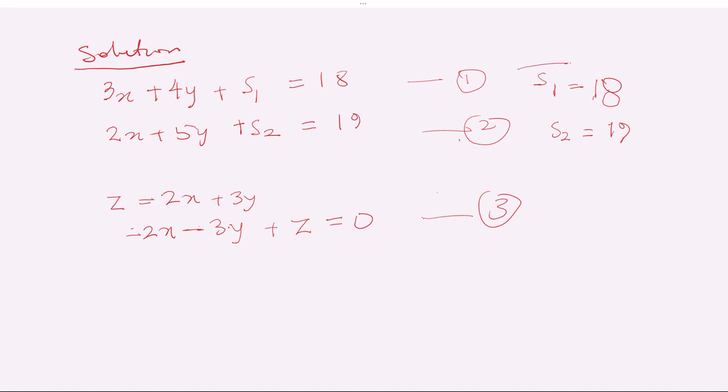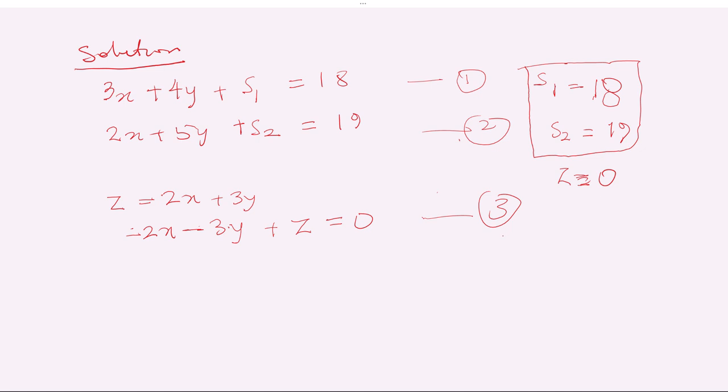So we already have the values for s1 and s2. Now that's sorted. We do know that when x is 0 and y is 0, z equals 0 also, from equation 3. So that's sorted.